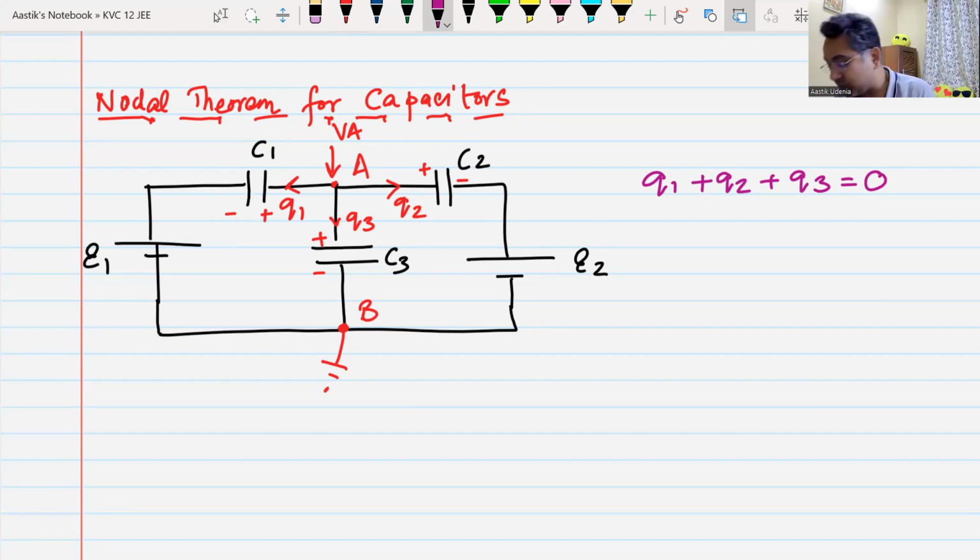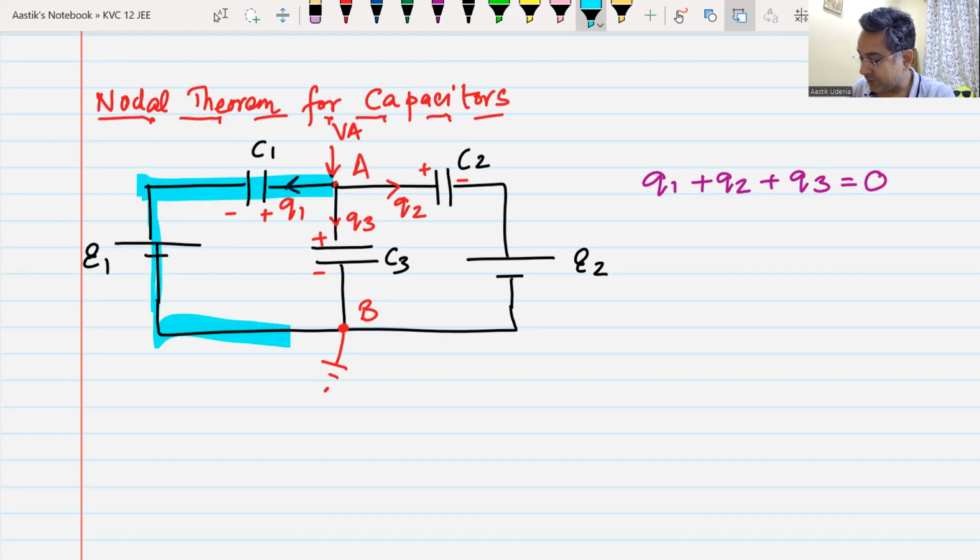Can anyone tell me the value of Q1, looking at the diagram and this branch?